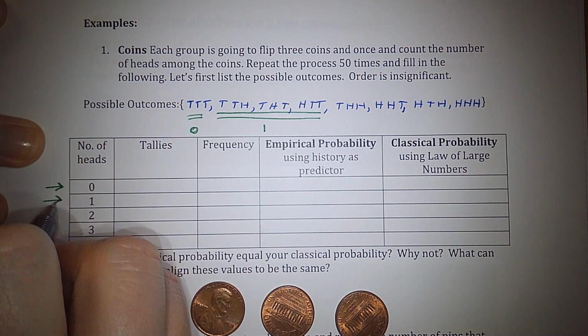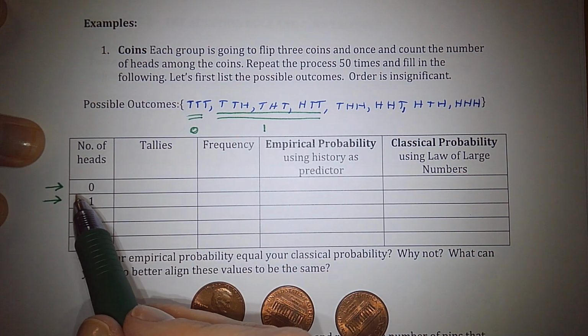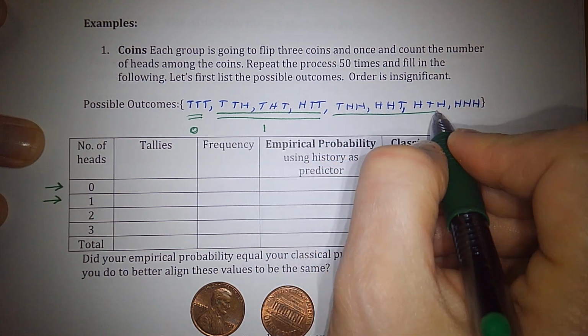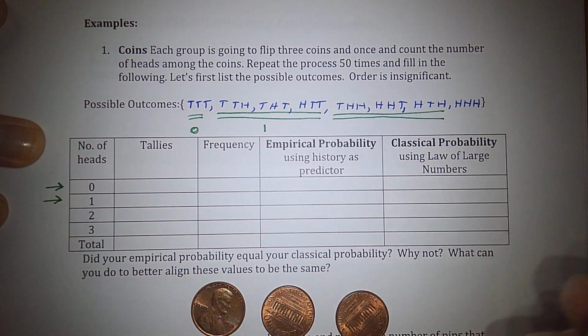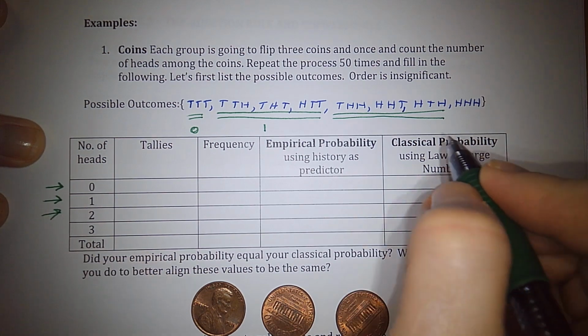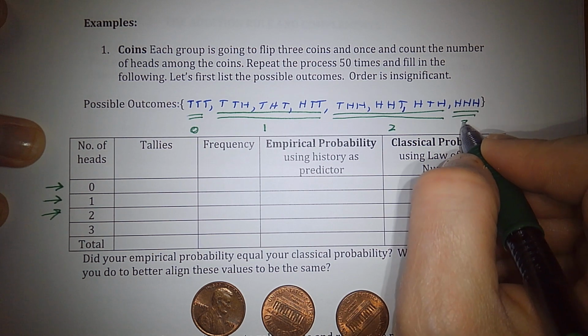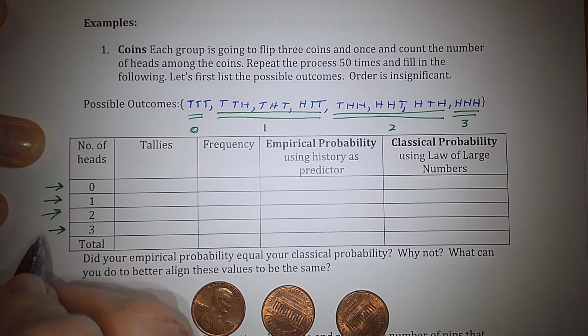So there would be 3 possible outcomes that might get 1 heads total. There are 3 possible outcomes that might get 2 heads total. And then there's only 1 possibility of getting 3 heads total.